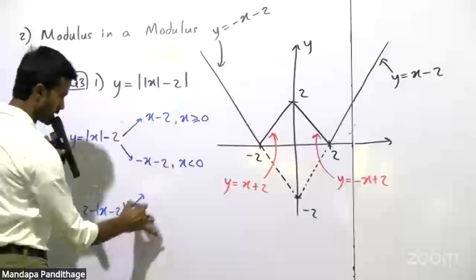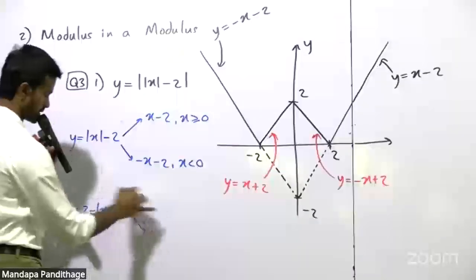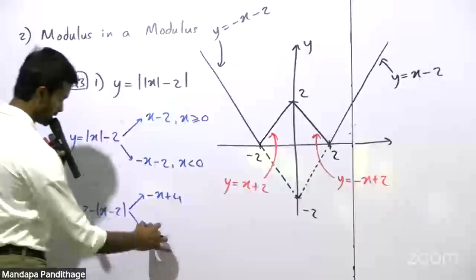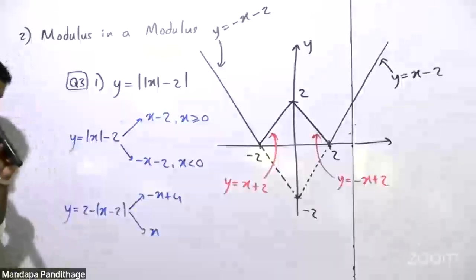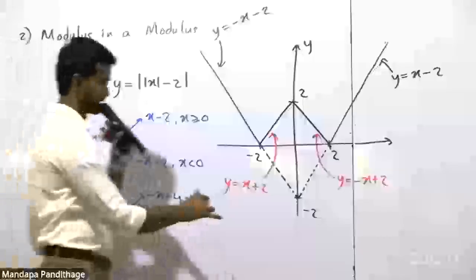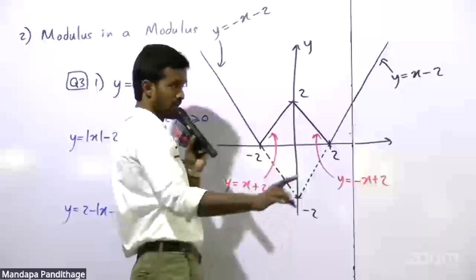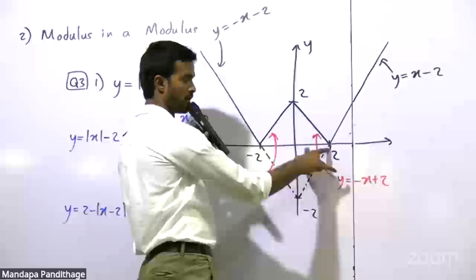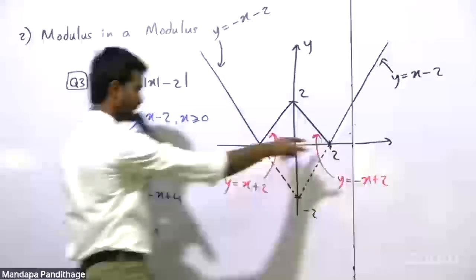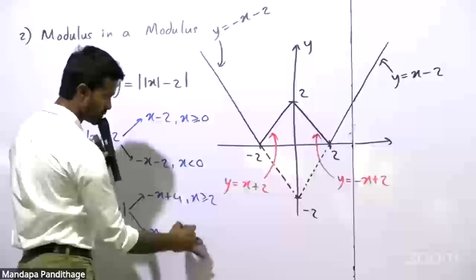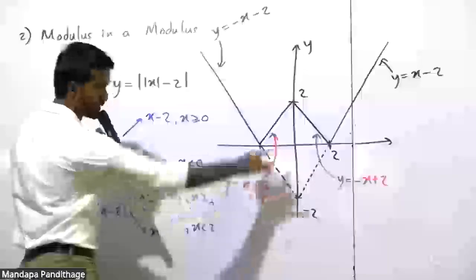So here you get minus x, so here it's minus x plus 4, and here it is x. So when you sketch it, when x equals 2, that's why marking these small details is important, because the turning point of the next graph becomes x equals 2.